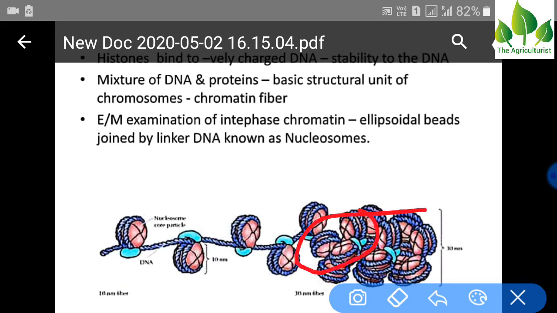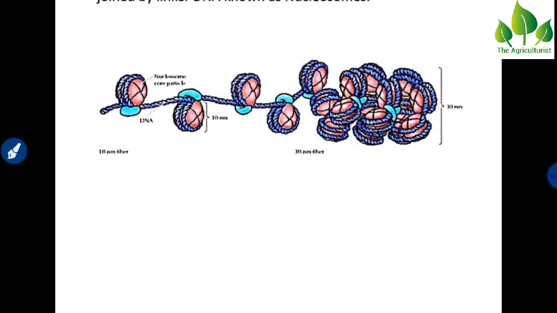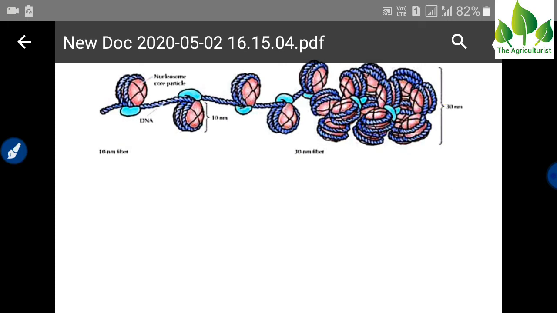This whole structure is known as nucleosome, and the single bead is known as nucleosome core particle. Now next thing, it is 10 nm long. The diameter of this is 10 nm, and the diameter of this is about 30 nm.